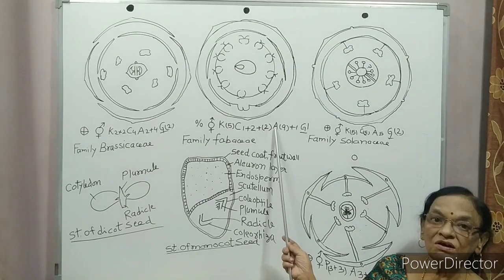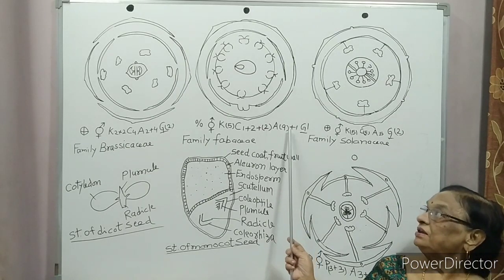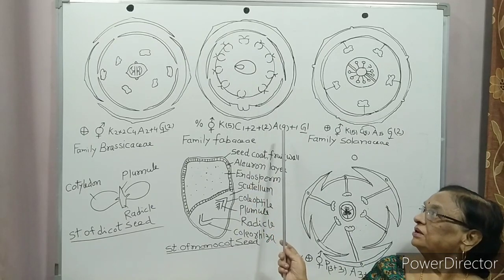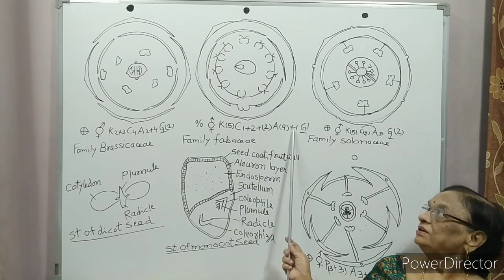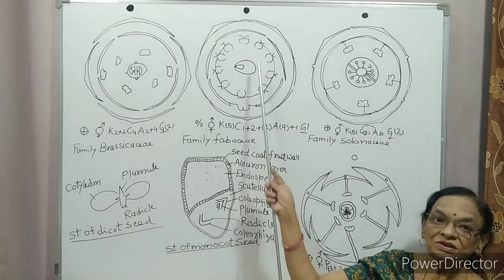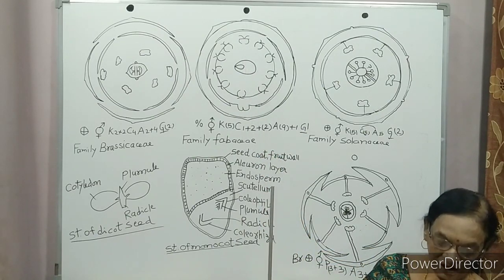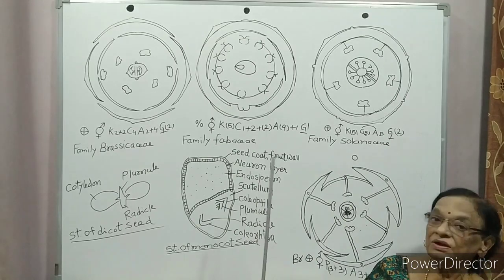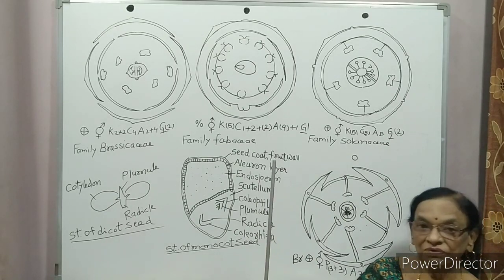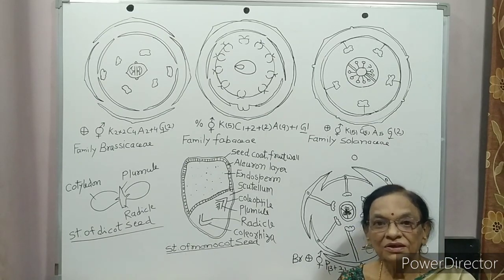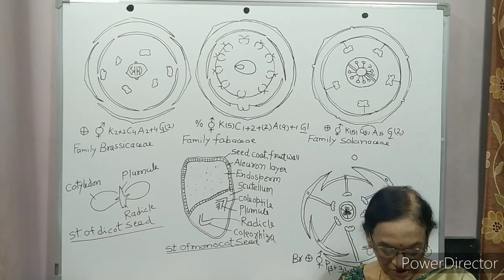Can you see the fused ones? 9 stamens fused and one is free. So such a condition of stamens is called diadelphous. Dithecous means when we cut the anther longitudinally, it has 2 chambers.